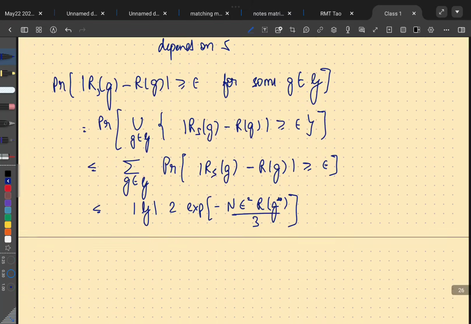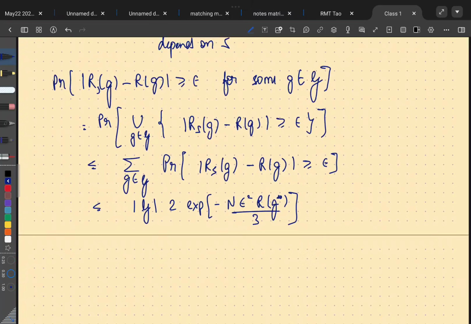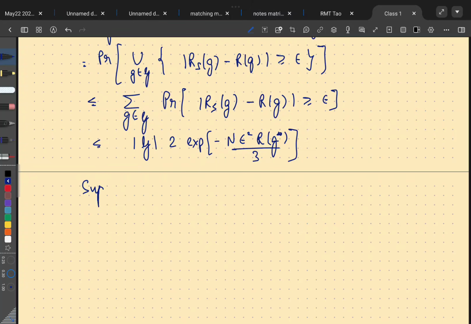So basically, the good event that I'm considering is that Rs of G is epsilon close to R of G for every single G. Suppose that this happens, that the difference is less than or equal to epsilon. You know that this happens.